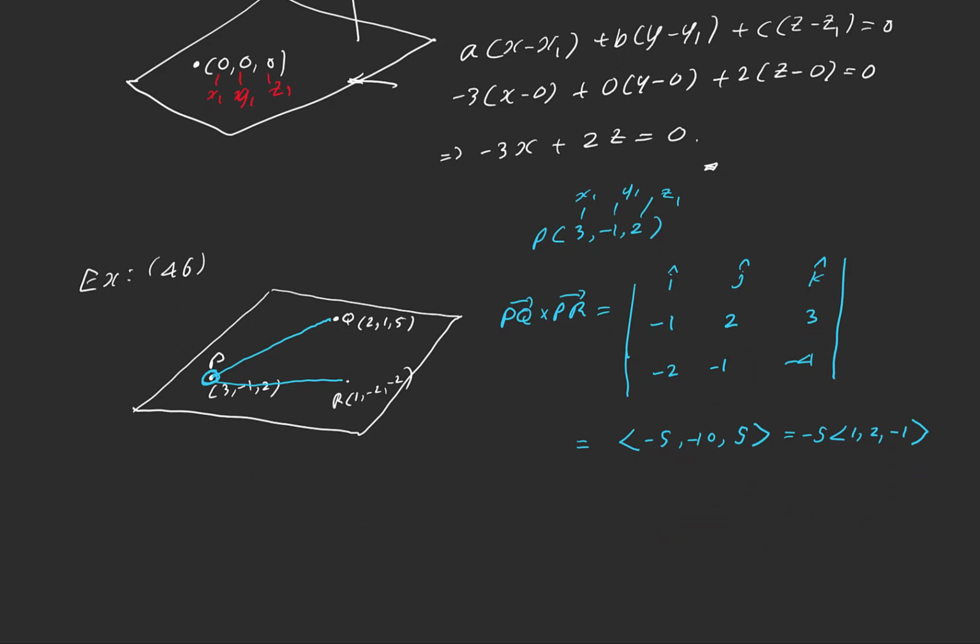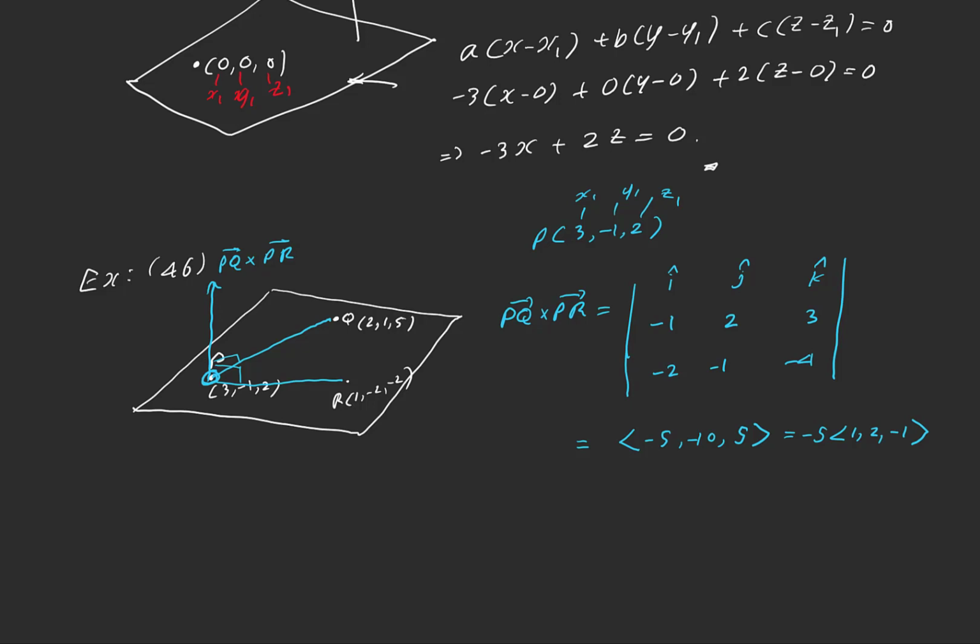That is a normal vector to this plane, right? Because PQ and PR are on the plane, and the cross product must be the vector perpendicular to both PQ and PR. Therefore, this PQ cross PR must be the perpendicular vector, or normal vector, to this plane.